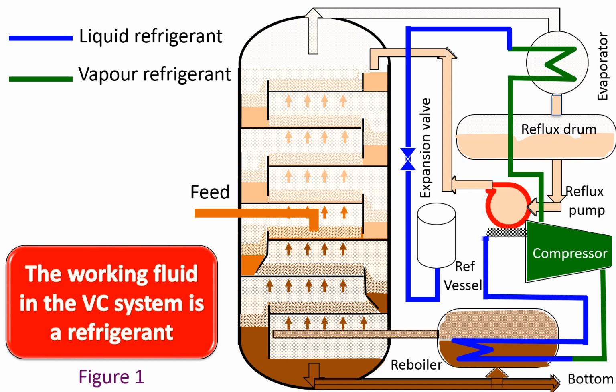This is the vapor compression heat pump system. The working fluid in the vapor compression system is a refrigerant which works in a closed loop. In this figure, focus your attention on the refrigerant loop only, which is depicted in blue and green thick lines. Blue color is the flow path of liquid refrigerant and green color represents the vapor refrigerant flow path.